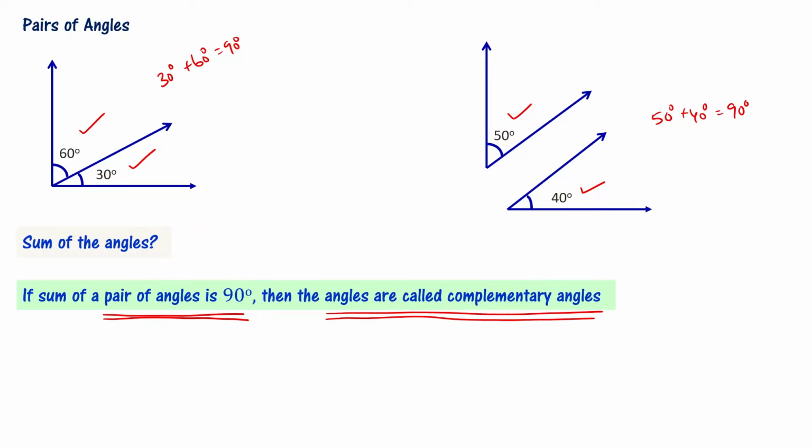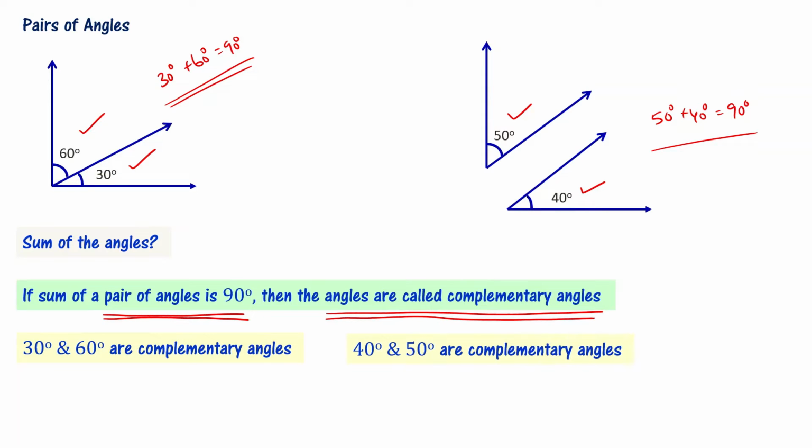It means in this case 30 and 60 degrees are complementary angles because their sum is equal to 90 degrees. And here also 50 and 40 are called complementary angles because their sum is also equal to 90 degrees, right? Similarly, if I have one angle x degrees, then the second angle is going to be 90 minus x degrees.